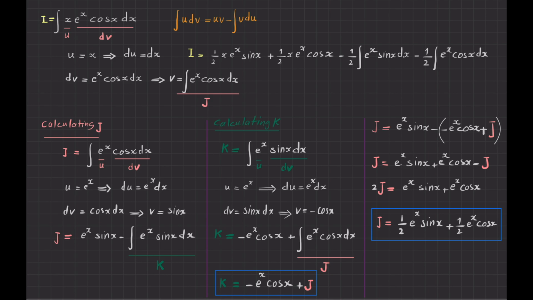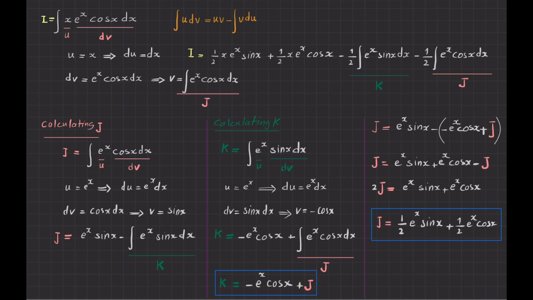But what is the name of this integral? This name is just simply j. And this integral that you need here is exactly the integral k that we calculated here. So the name of this integral is again k. But of course, we didn't calculate k completely. We calculated that k is equal to this plus j.